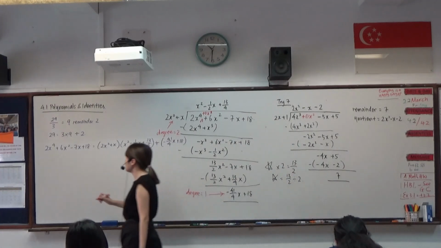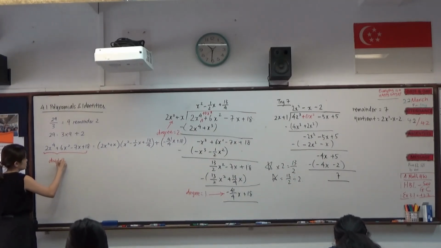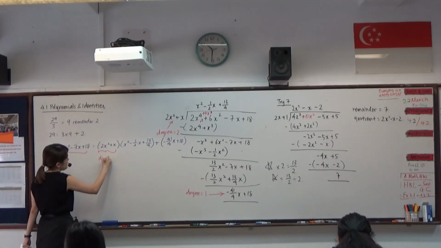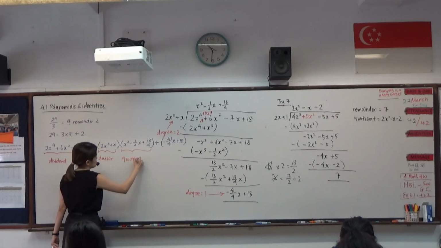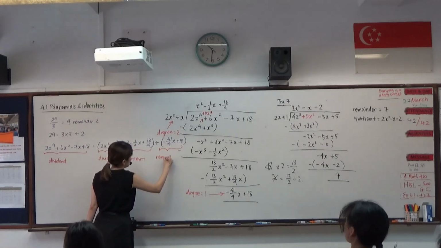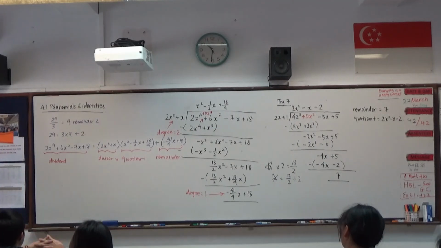So our dividend will always be equal to the divisor multiplying by the quotient, followed by the remainder.